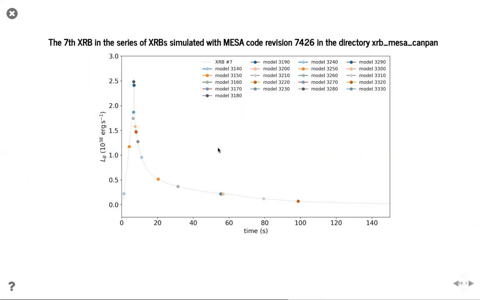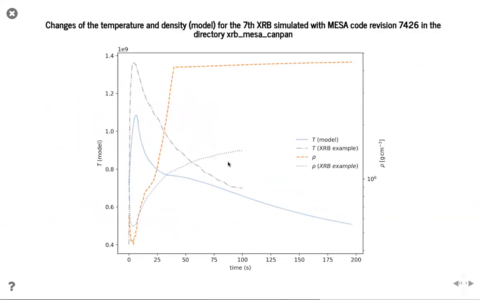This is what in one zone nuclear grid simulations is called a trajectory. And the extracted trajectory is shown in this plot for temperature, this blue curve. So the blue curve shows temperature from this model for the seventh X-ray burst. So you can see as a function of time, again, the characteristic time scale here, like in the previous plot, 100 seconds.